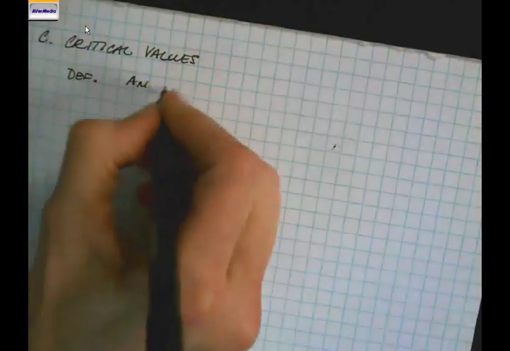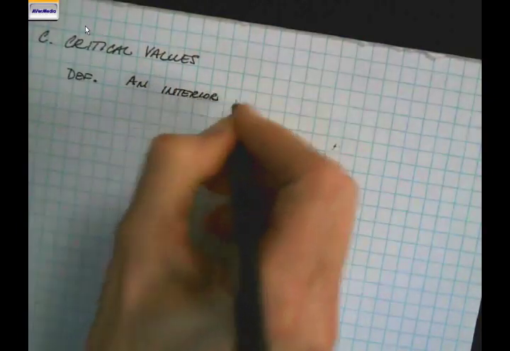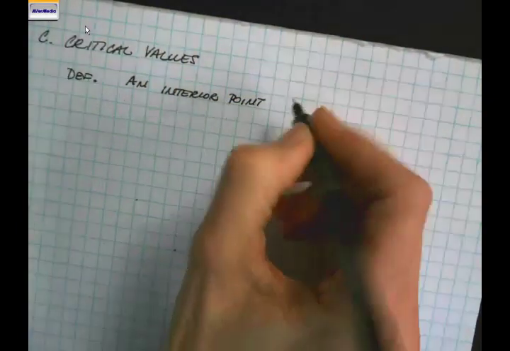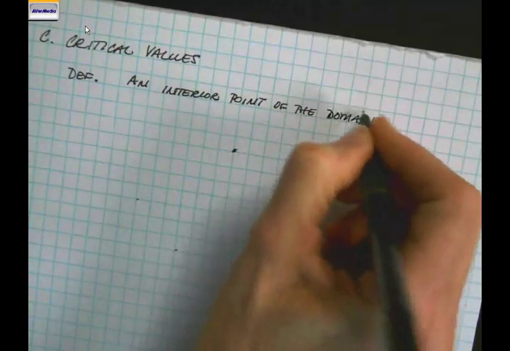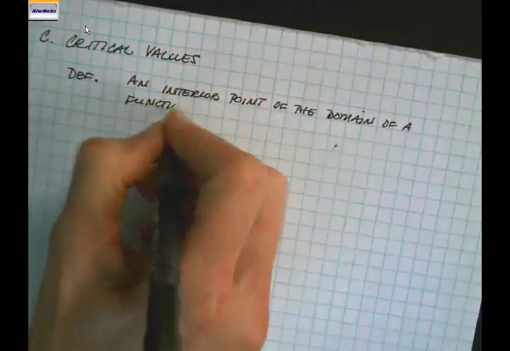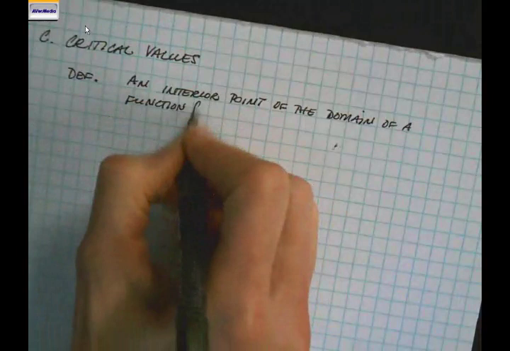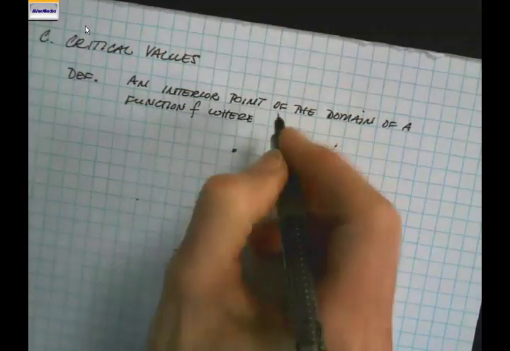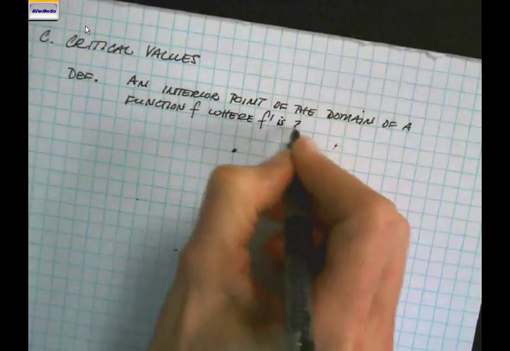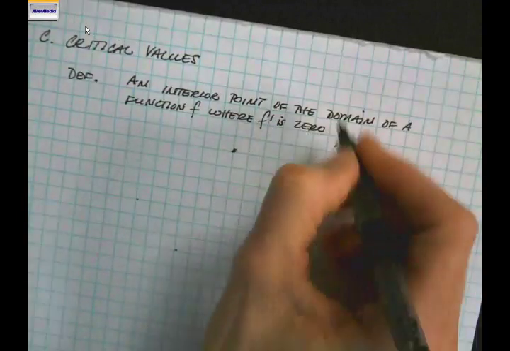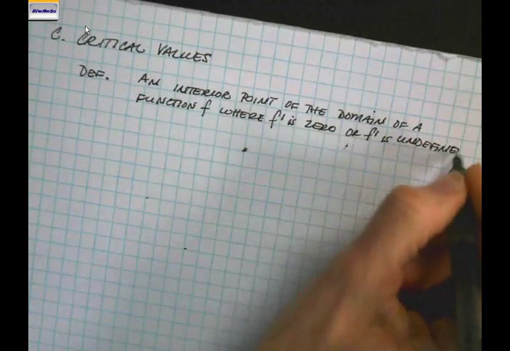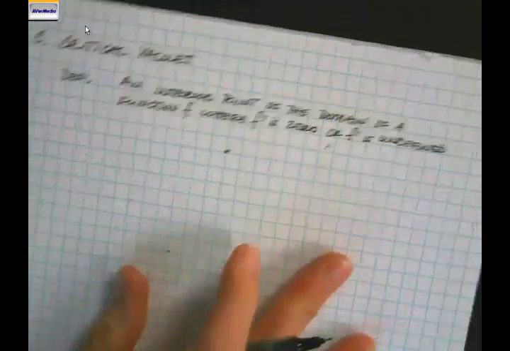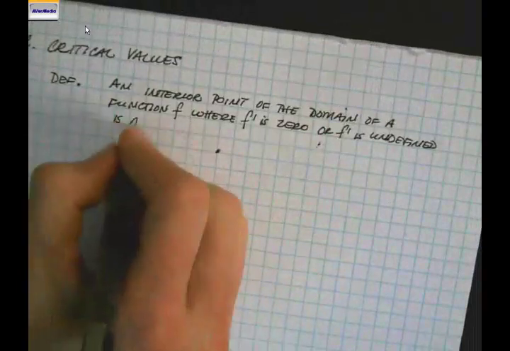An interior point of the domain of a function, and we'll let the function be f, where f prime is 0, or where f prime is undefined, is a critical point.